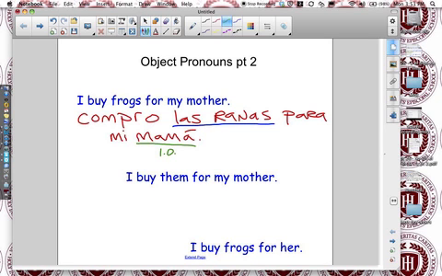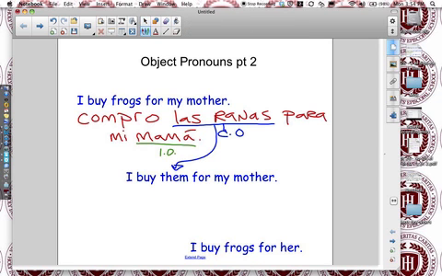Therefore, now that I have sentences, I can rewrite them using direct and indirect object pronouns. The first sentence, I buy them for my mother. We know that we're going to take ranas, and we are going to substitute the direct object pronoun them.